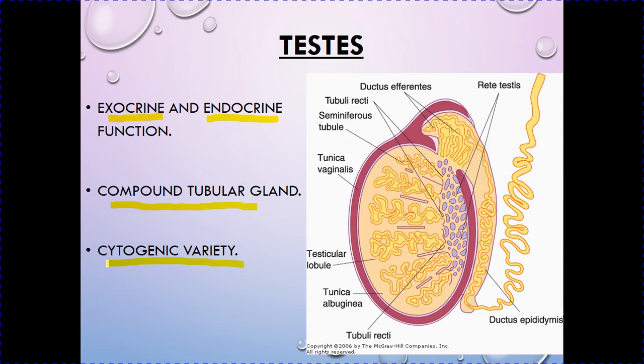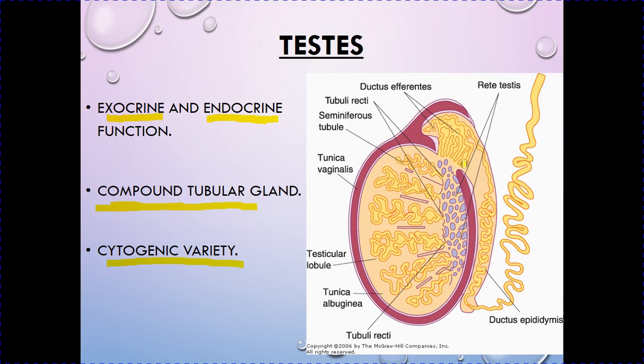Now you know that secretions are apocrine, merocrine as well as cytogenic. So the whole cell is produced by the testes, hence they are of cytogenic variety. So the testes perform exocrine and endocrine function, and are compound tubular glands with cytogenic secretions.